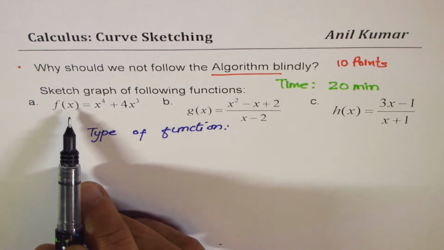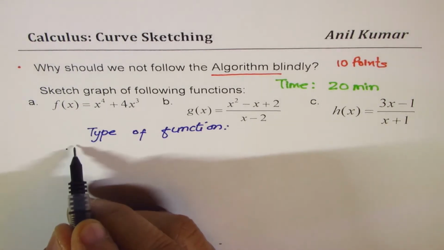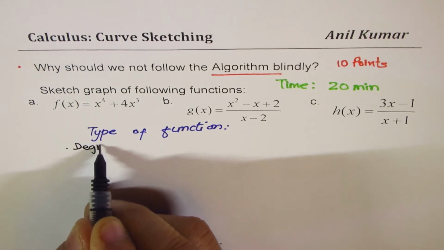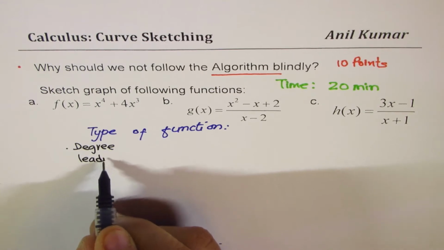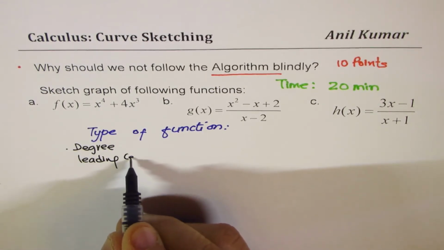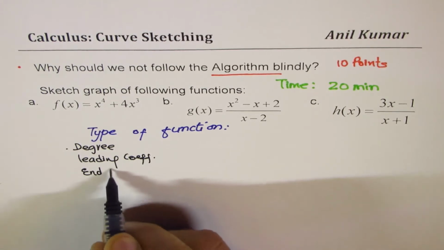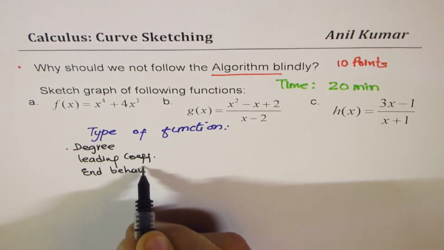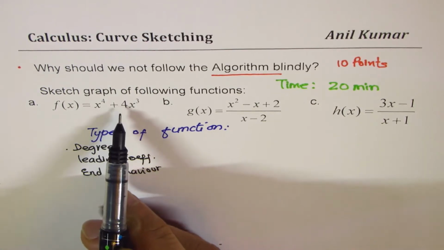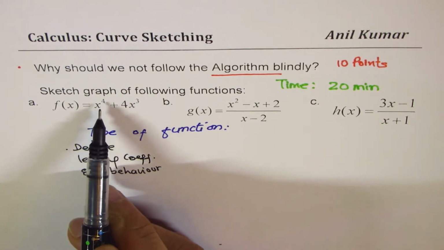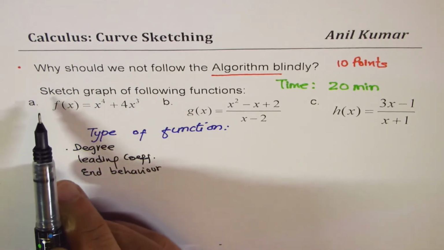For example, when we are talking about a polynomial, what is important here? Well, you can see the degree, right? You can see the leading coefficient, and then you know the end behavior. So once you know that, you exactly know what to work on. Now this is degree 4, leading coefficient positive, right side up, both facing up.